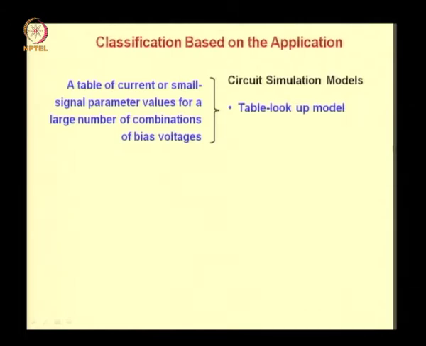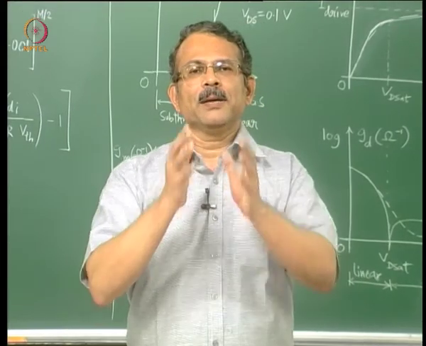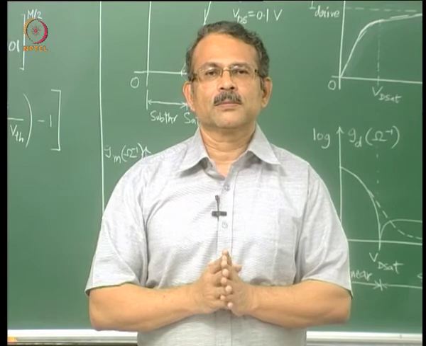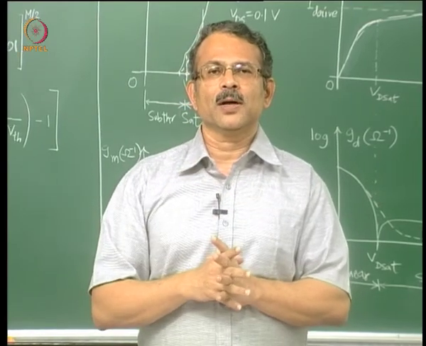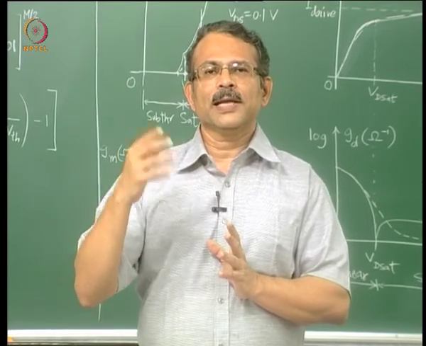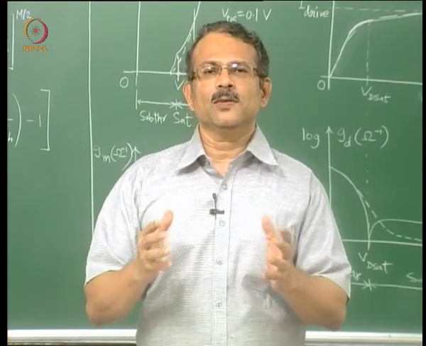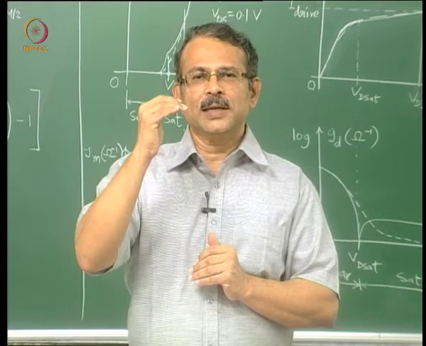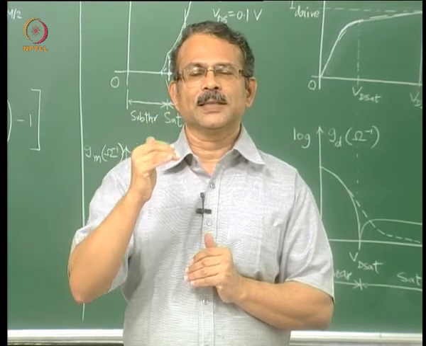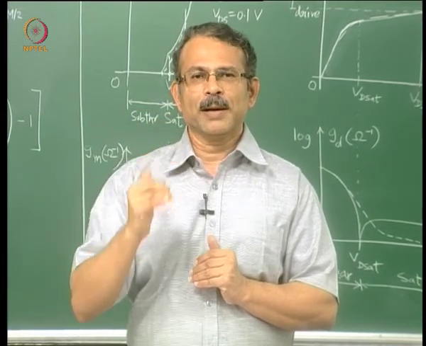So you replace the device in a circuit by a table of current voltage values, and these current voltage values are used for calculating the parameters of the circuit. This is a very fast model but has no physical basis. We shall discuss models with increasing physical basis, one by one.